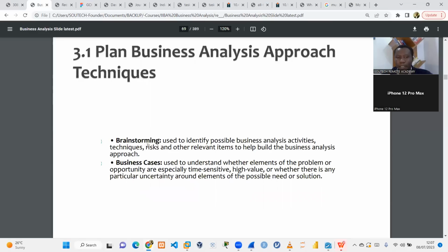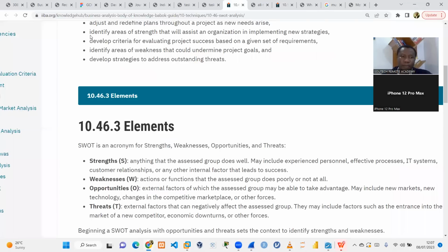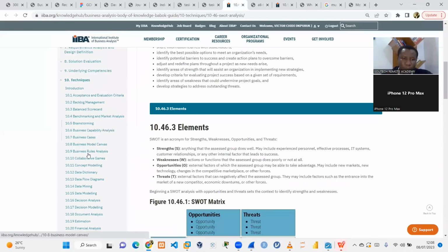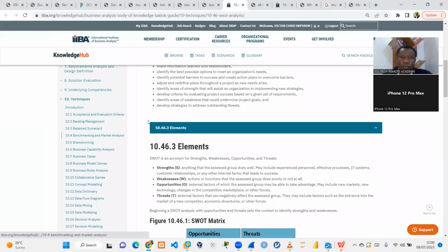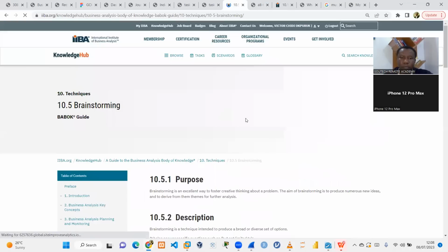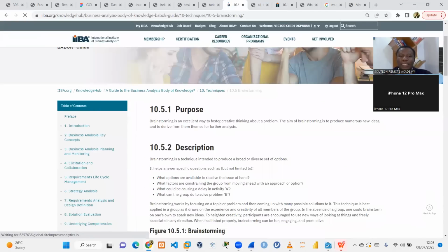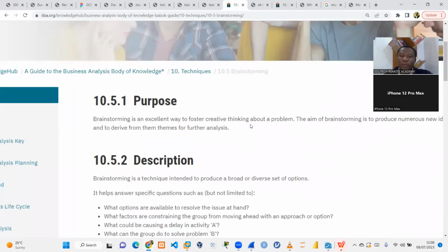So look at the techniques, brainstorming. So how do you do brainstorming? I think I've looked at brainstorming a while ago. Okay, this is brainstorming. The purpose of brainstorming is an excellent way to foster creative thinking about the problem. The aim of brainstorming is to do what?